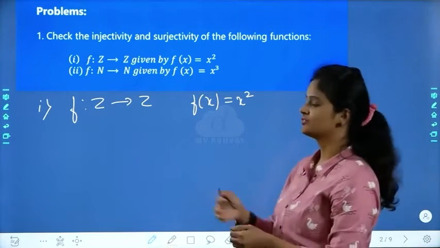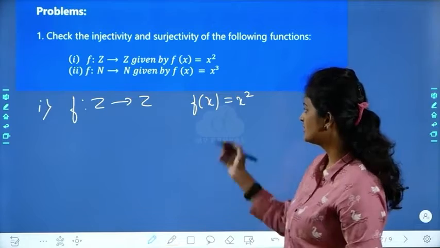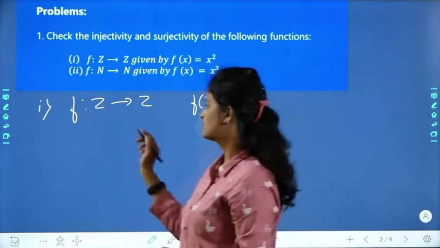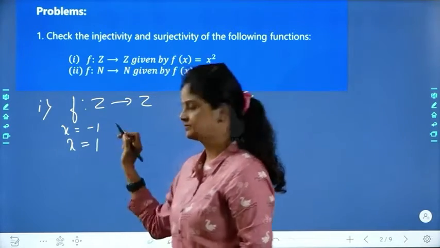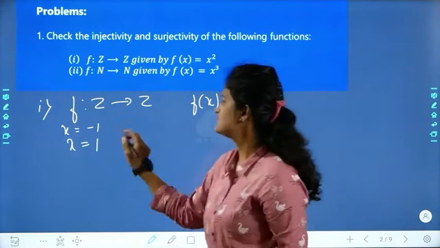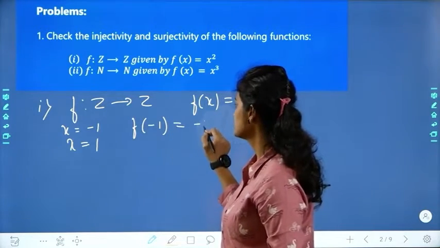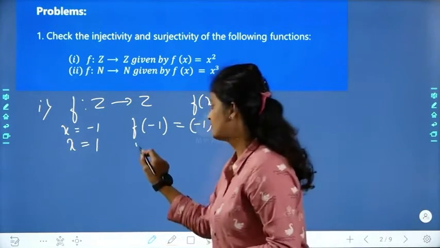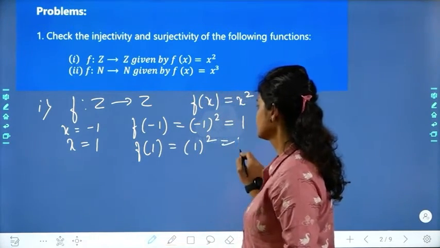We'll see, for a few problems we can do like this, because we need to understand how it works. f of x is equal to x square. If I am giving any number for x, if x is equal to -1 and x is equal to 1, if x is -1, what happens? f of -1 is equal to (-1) whole square, that is giving you 1. f of 1 if I take, that also will give you 1.